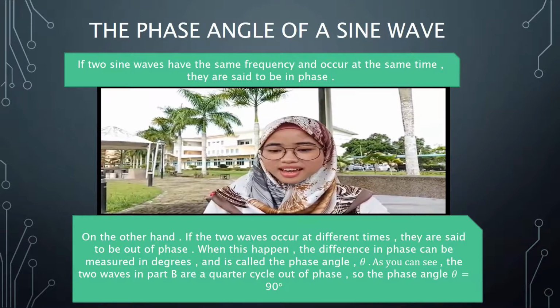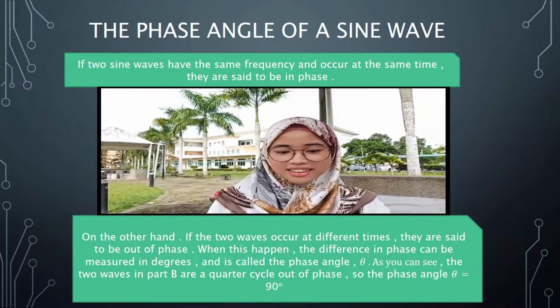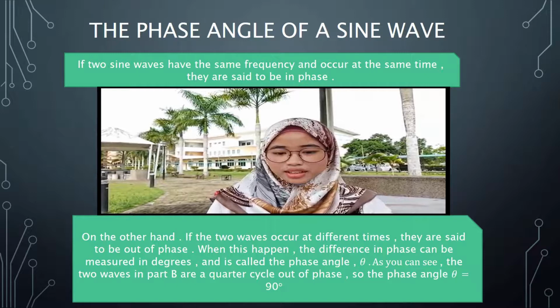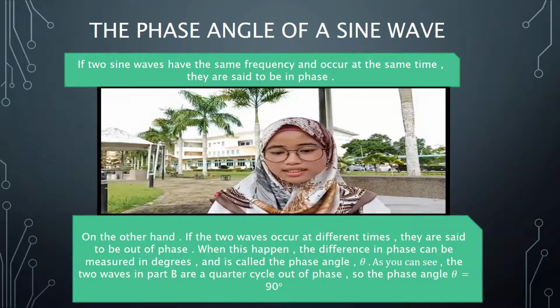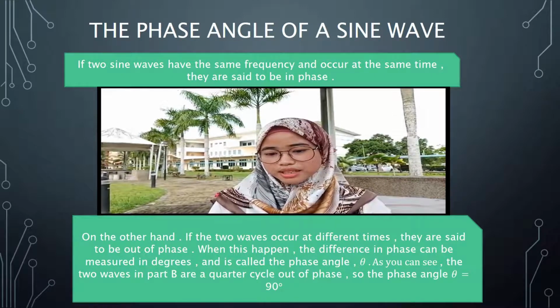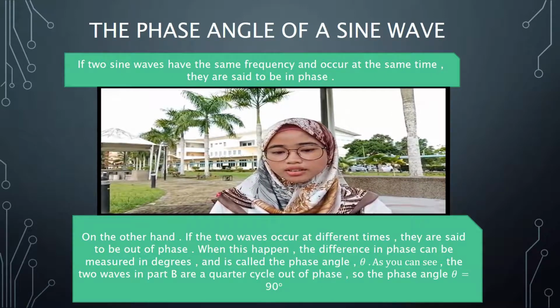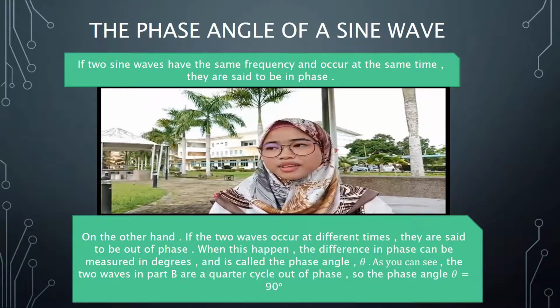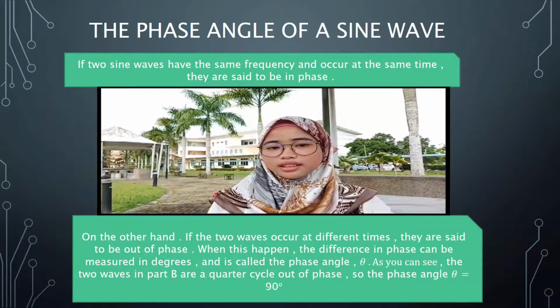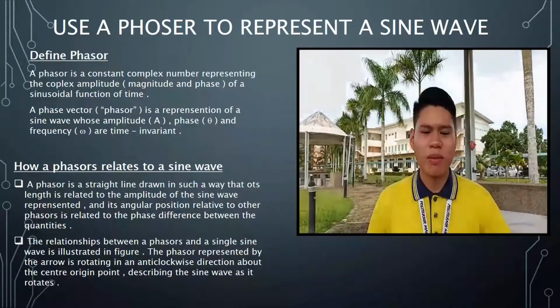Use a phasor to represent a sine wave. Define phasor. A phasor is a constant complex number representing the complex amplitude, magnitude and phase, of a sinusoidal function of time.